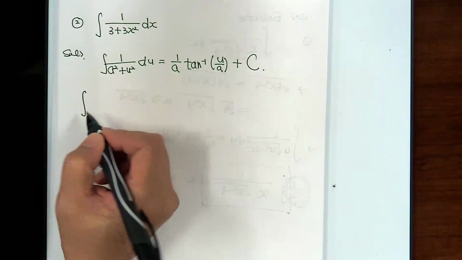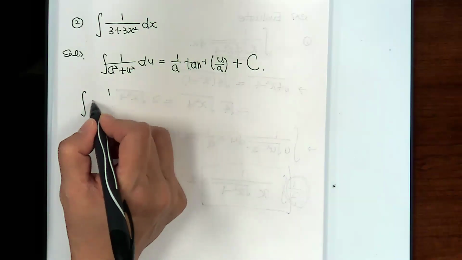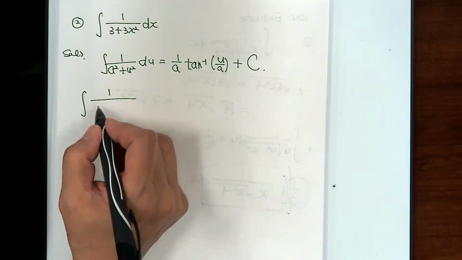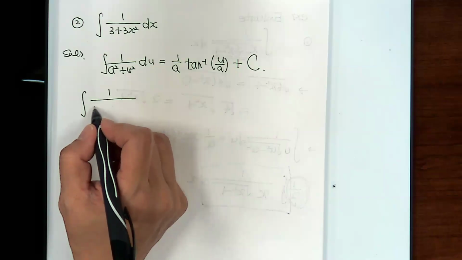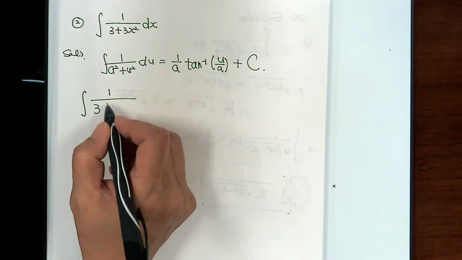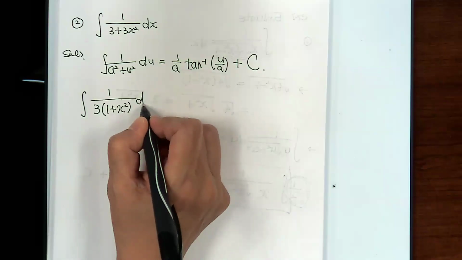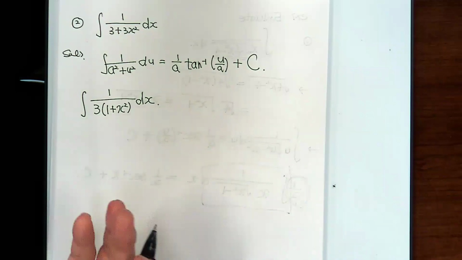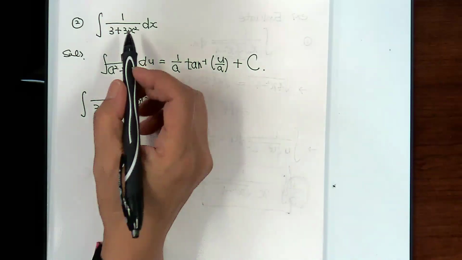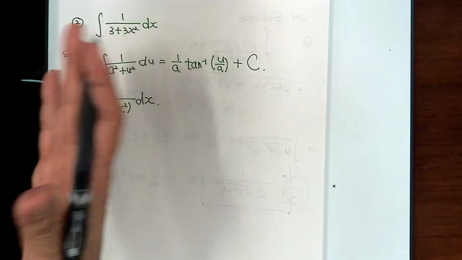So we have the integral of 1 over, we take out 3, then that'll be 3 times 1 plus x squared dx. In this case, we just get rid of this 3, so we took out 3.